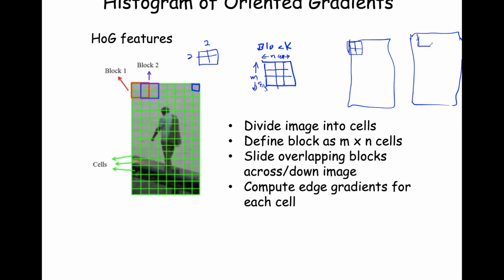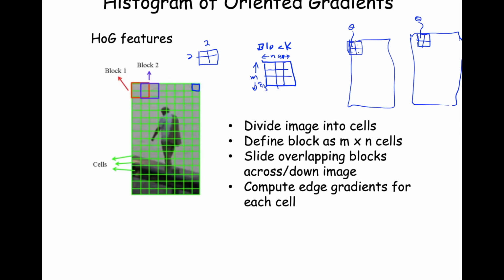For each position of the block, we compute the edge gradients, theta, for each cell in the block, first for the first position, and likewise for the second position. Since the block in the first position overlaps the block in the second by 50%, we maintain some kind of consistency, because the image only changes so much if these blocks overlap with one another. And so we compute all of the edge gradients for every pixel in every cell for this block.